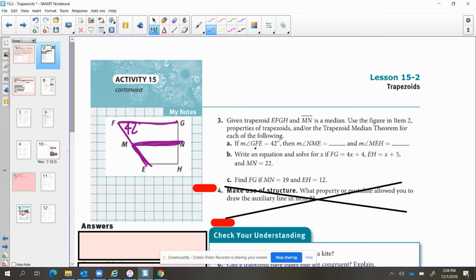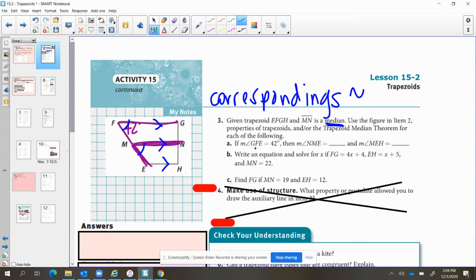For NME, it's important to note that we have a median here, because we know all these lines are parallel. And if the lines are parallel, these two angles are congruent. I know it's been a while since we talked about this, but they are corresponding angles, and corresponding angles are congruent when our lines are parallel.